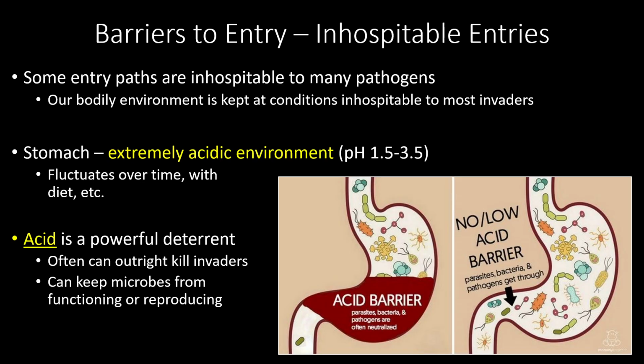You have to be able to bypass this acidic environment, this acid barrier, and if that acid is not as strong, if it's a weak acid, if it's more neutral because you're pounding back the Tums, well, that can actually have a detrimental effect on your body as well, because it can reduce the effectiveness of this barrier. So a potential pathogen might have an easier time getting into your intestines.